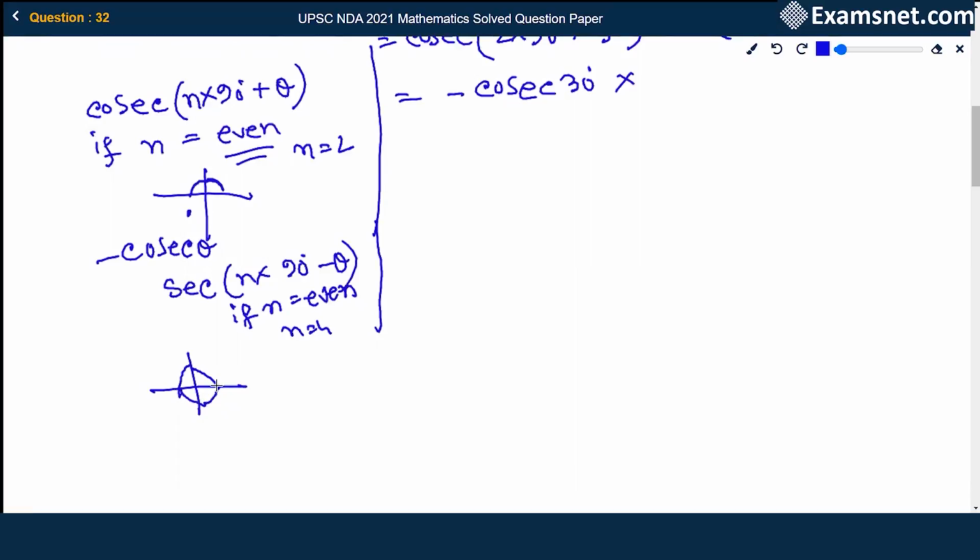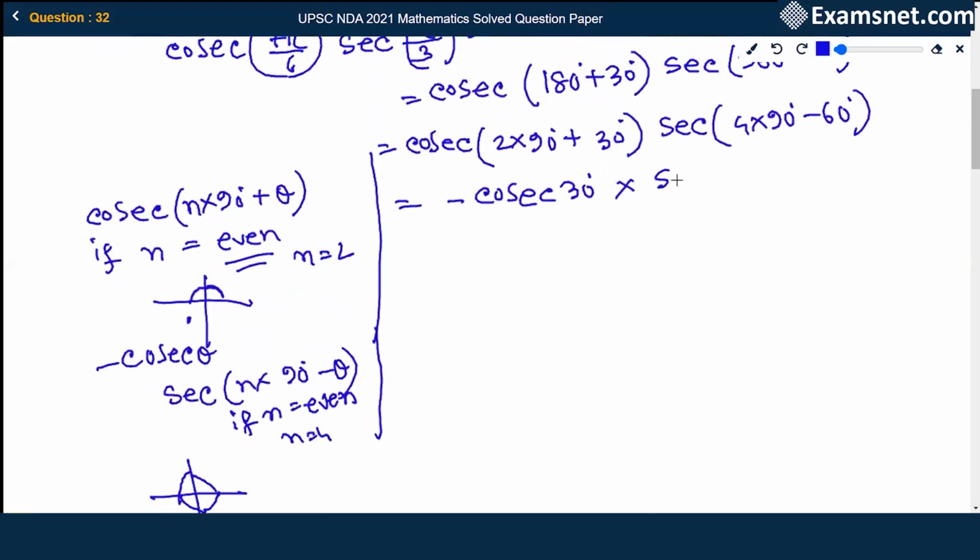Sec is positive in the fourth quadrant, and minus theta means it will remain in the fourth quadrant. It is not passing to the first quadrant or to the third quadrant. So this will give us the positive value, and since n is even, we will keep it as sec. So sec 60 degree, correct?